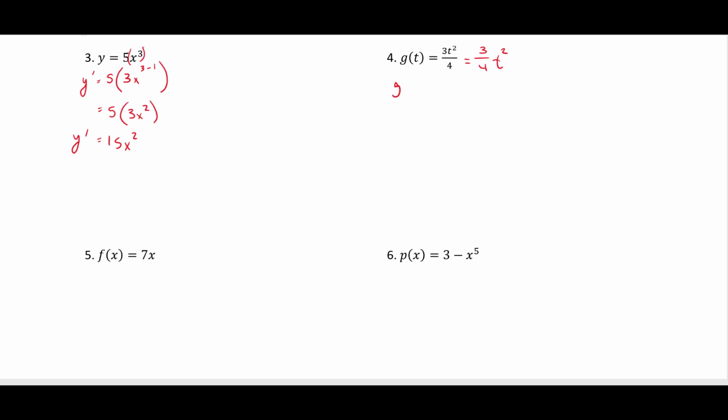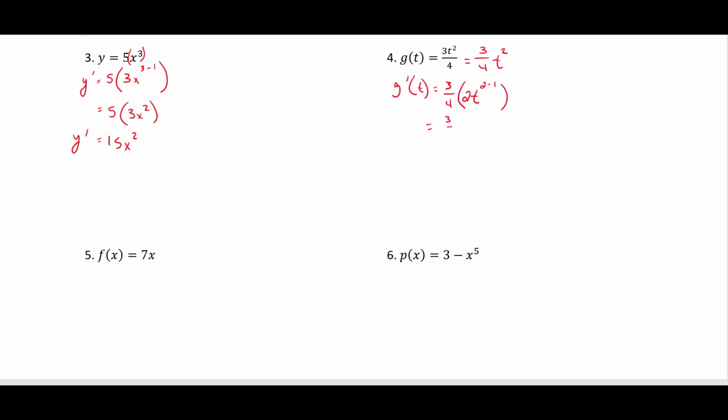So we know g prime of t is going to equal 3/4 times the derivative of t squared. For t squared, we know 2 is my power, so I'm going to use the power rule, bring the 2 down. t stays the same. And then my power, subtract 1 from it, so 2 minus 1.